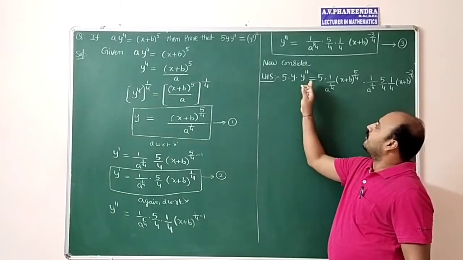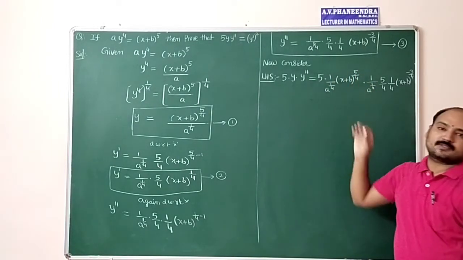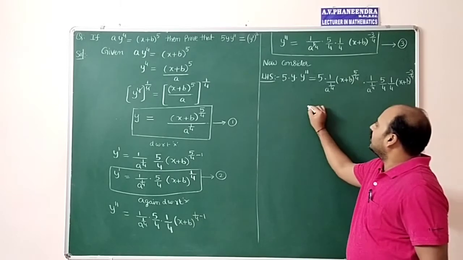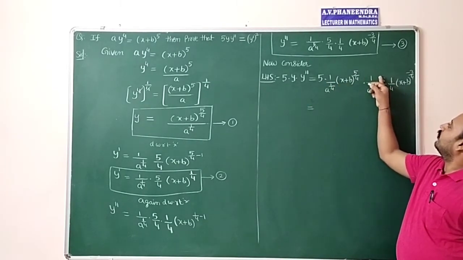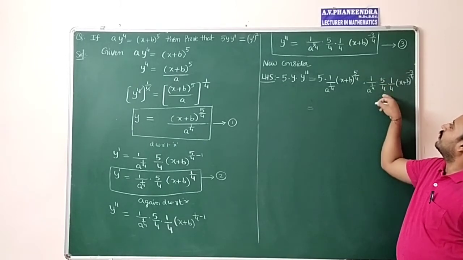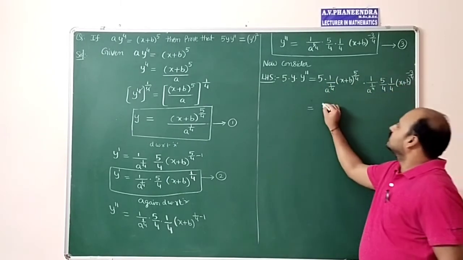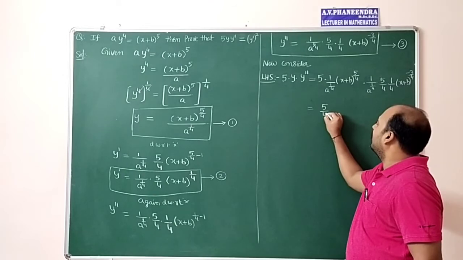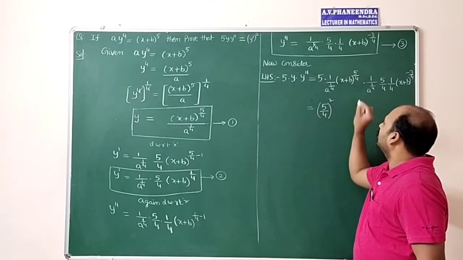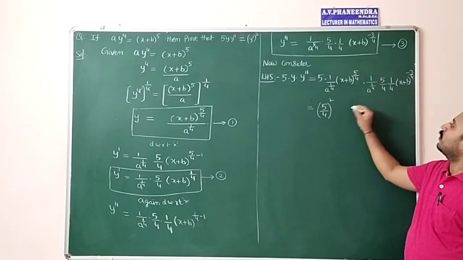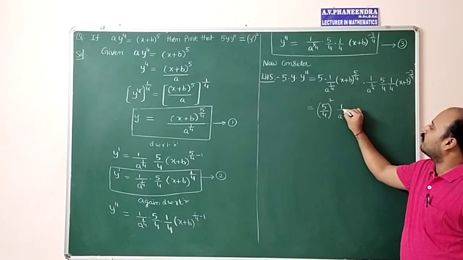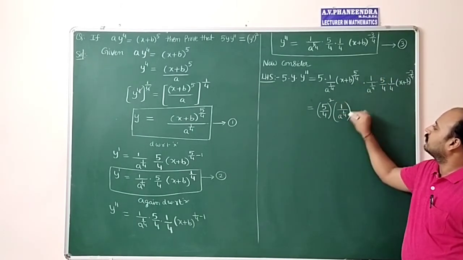Just substitute the y and y double dash values in this. Now one by one we will calculate. Here 5, here 5 by 4, 5 into 1 by 4, so 5 by 4 whole power 2, that means 5 by 4 whole square. 1 by a power 1 by 4, 1 by a power 1 by 4, gives 1 by a power 1 by 4 whole square.